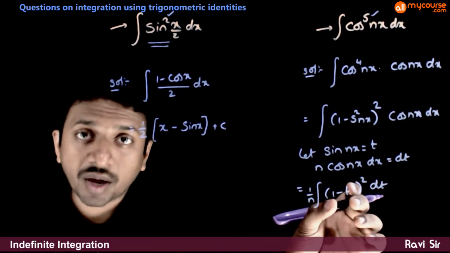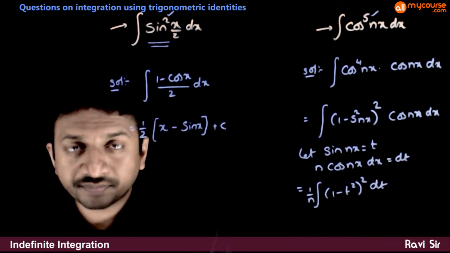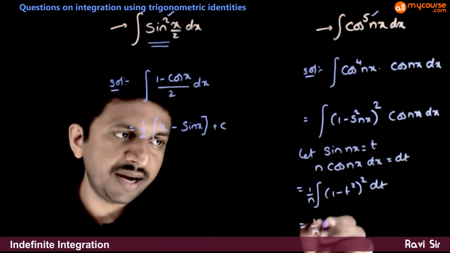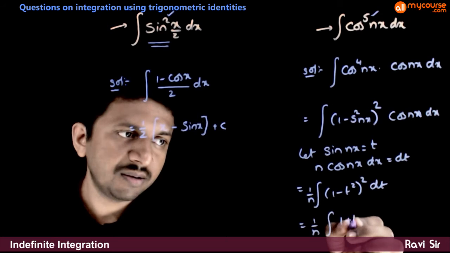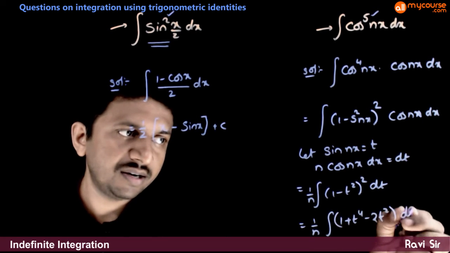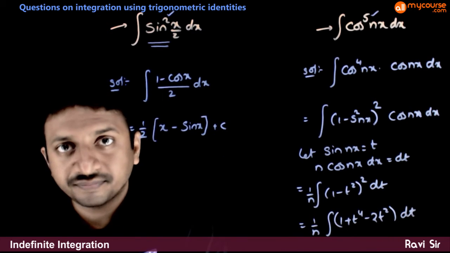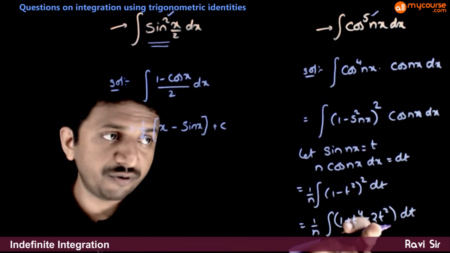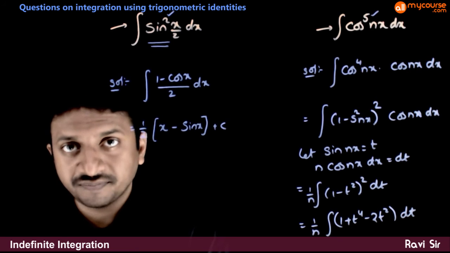So 1 by n into (1 minus t²) whole square dt. That is equal to 1 by n times integration of (1 plus t⁴ minus 2t²) dt.